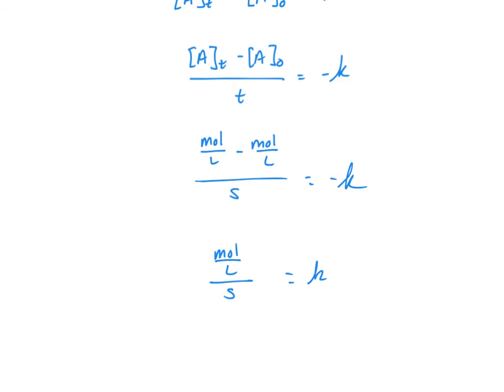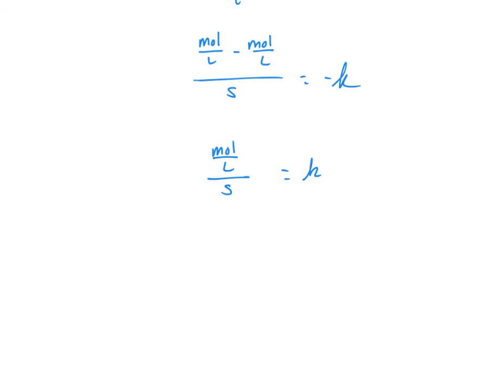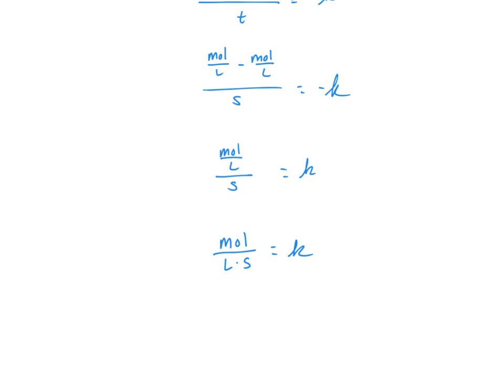And to make that a little bit more user-friendly, we'll basically divide out the per seconds and say moles per liter seconds for our units on k for a zero order reaction. So if you are given the units for an integrated rate law, you should be able to determine if a reaction is first order, second order, or zero order.